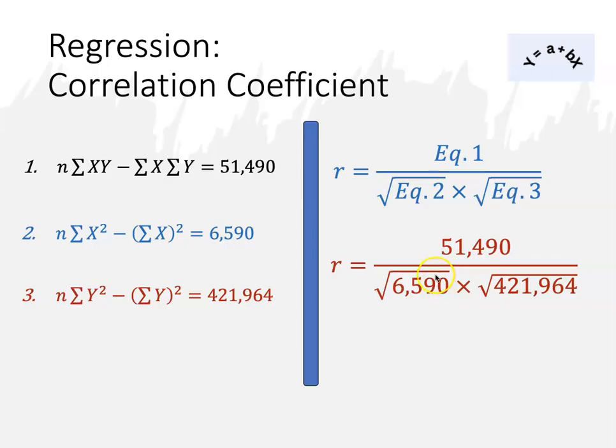We could also have used one square root sign and just put the multiplication of 6,590 and 421,964. Either one works. But this works out to be 0.98. So you can check your calculation and see if you get the same thing. So at this point, we have come up with a regression equation, y equals a plus bx, and we now have the value of our correlation coefficient.